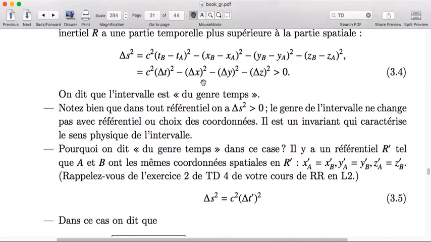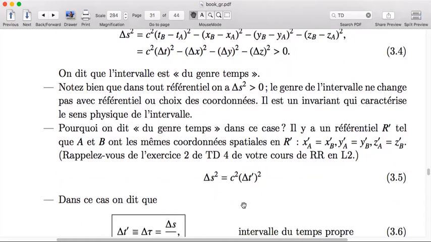So that implies, through the Lorentz transformation, we actually found in this exercise a Lorentz transformation such that the spatial part vanished in the new coordinates, in the prime. We found the prime reference frame, which was moving inertially relative to the reference frame here, such that the spatial part vanished, and so you were left with only a dt prime here.